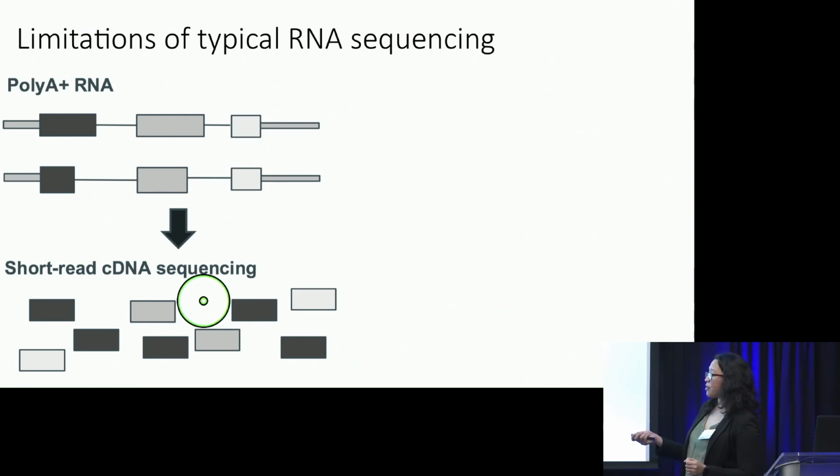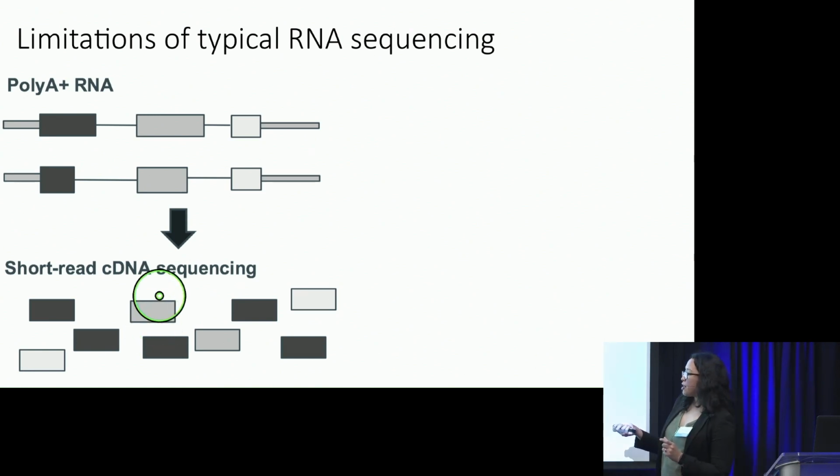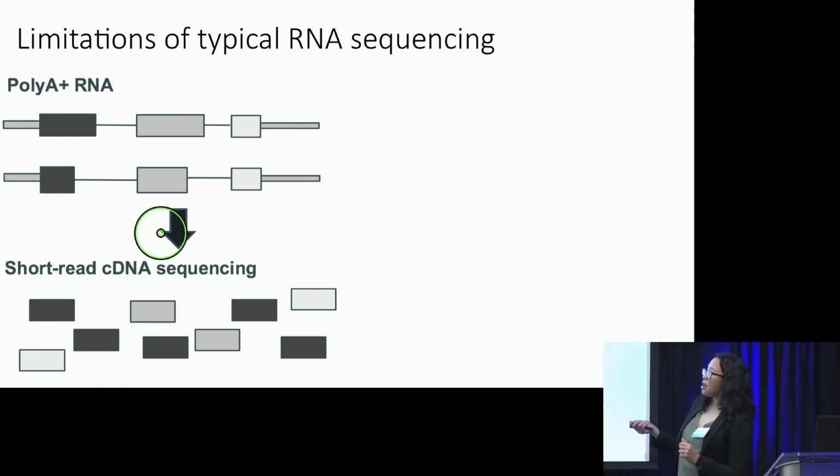And so one challenge with that, though, is because we're cutting up the sequence into little pieces, what we get out is just a little chunk of what the sequence was in that RNA. And so matching it back, like let's say if we sequence this little chunk here, it's really difficult to know exactly which RNA was present because that little gray segment looks really similar to this RNA transcript, but it also looks very similar to this one.